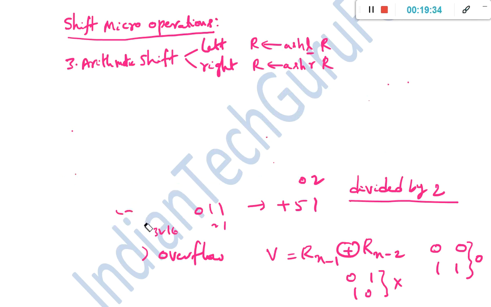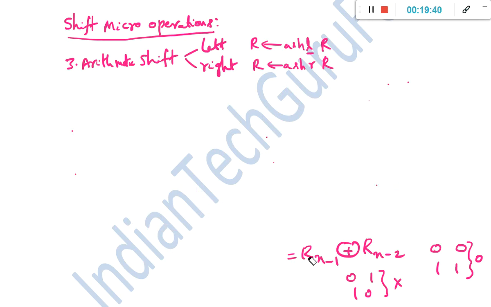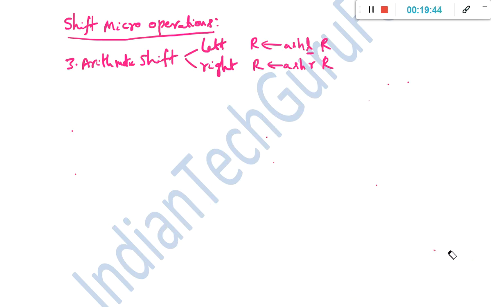Okay. So now first of all, let us consider the arithmetic left shift operation by taking an example of a negative number. I am going to take the same number 00110011, whose value is plus 51.